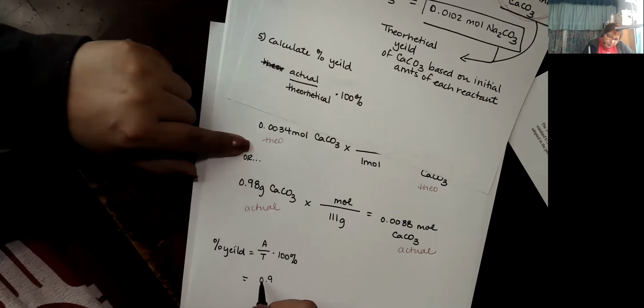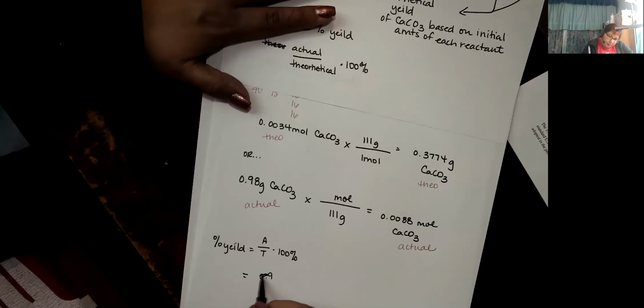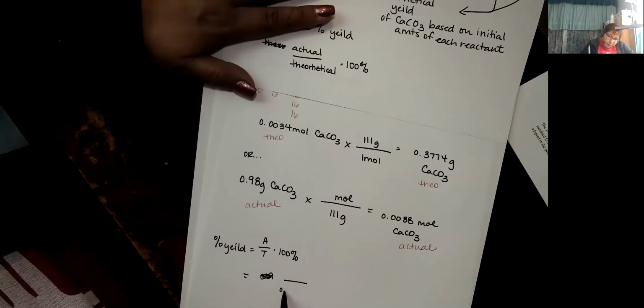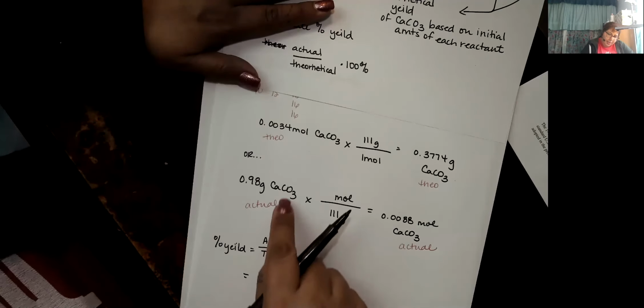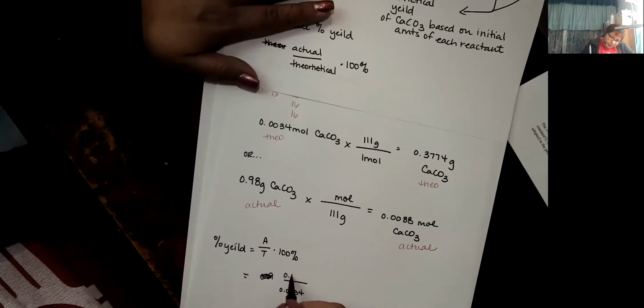I'll use my mole values first because I have both of them. So my theoretical mole value is 0.0034, and I made 0.0088. Hey, I'm going to have over 100%.